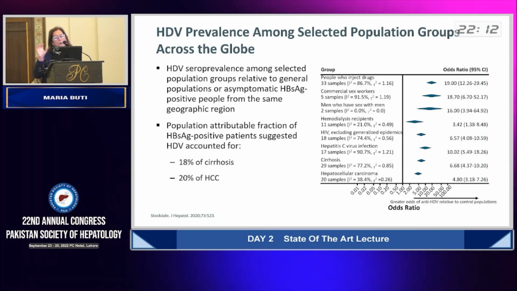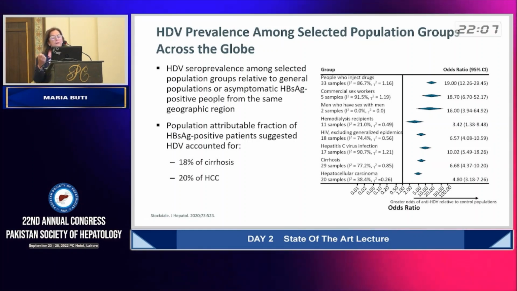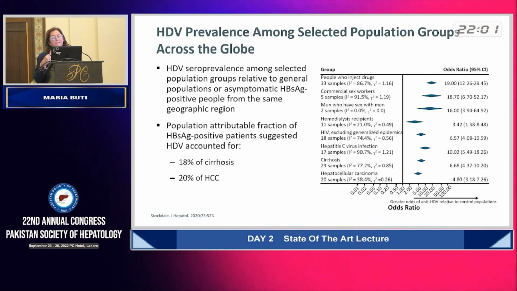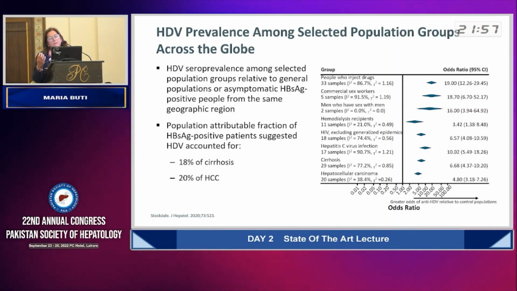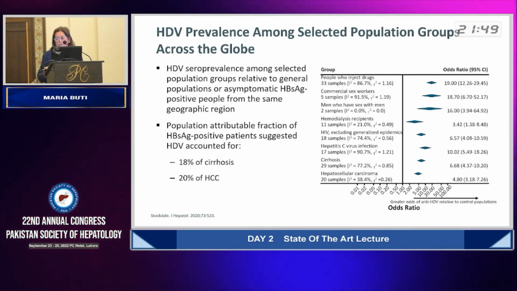And if you look at people with risk factors, that are people who inject drugs or commercial sex workers, men who have sex with men, hemodialysis recipients, then also the prevalence is higher. So very low in blood donors, high in patients with liver disease, and also intermediate in patients with risk factors.